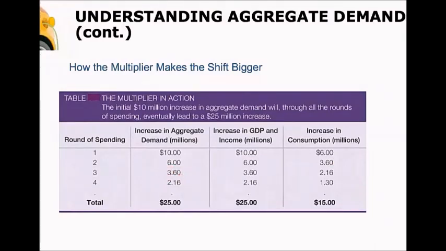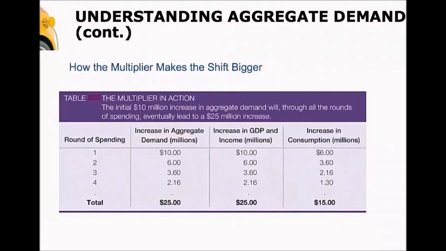That $3.6 million increase in consumption increases aggregate demand, which increases income, which increases consumption, and so on and so forth. And we can see that eventually that $10 million increase in aggregate demand is going to increase total aggregate demand by $25 million.